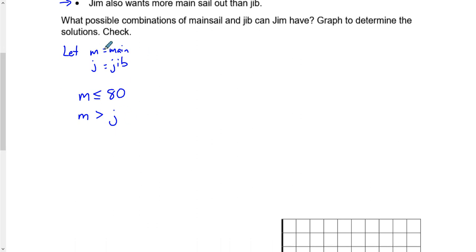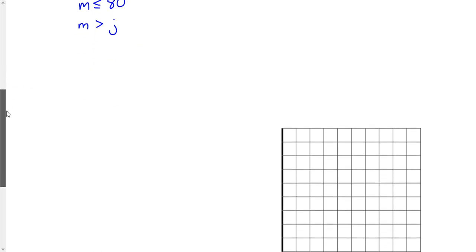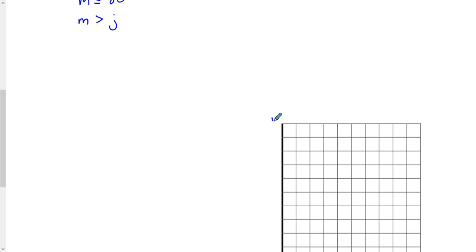So our question of, okay, what kind of things can we do? Well, I already have the m's on the left-hand side, so it probably makes sense to have m as our y-axis. Therefore, j would be the x-axis. Every single point here is worth 1. Oh, sorry, that's not correct.